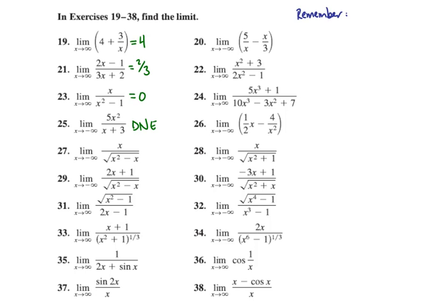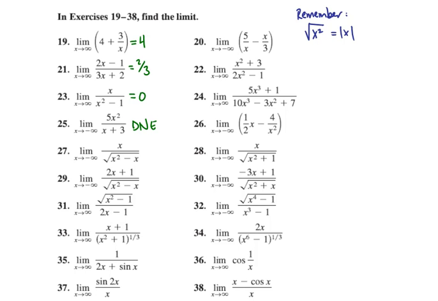Okay, in problems 27, 28, 29, we have a sort of unique condition here. You may recall, and hopefully you do recall, this fact from Algebra 2, Pre-Calculus, wherever it came up, that the square root of x squared is equal to the absolute value of x. Well, what does that mean? x could be positive or it could be negative. When we square it, though, it will always come out positive, and when we take the square root of that number, it will always be positive.